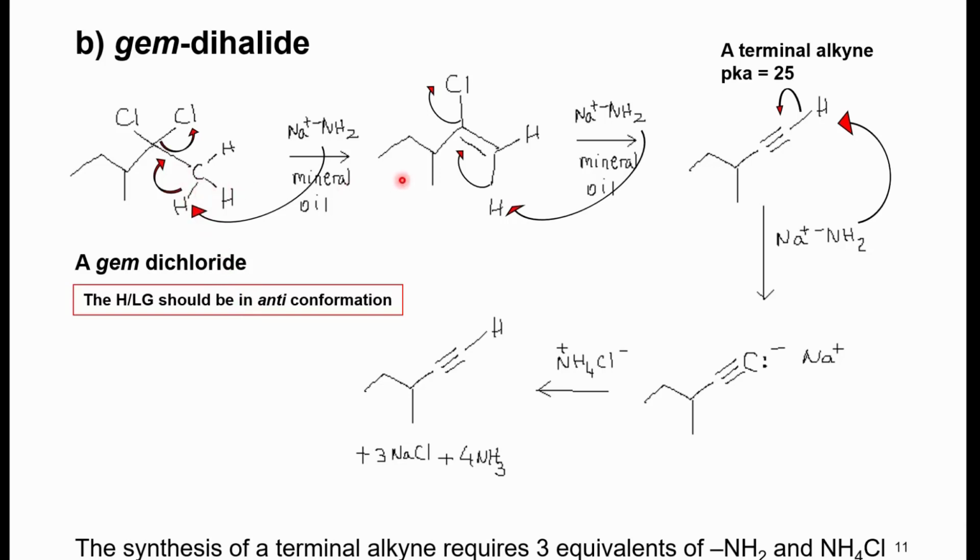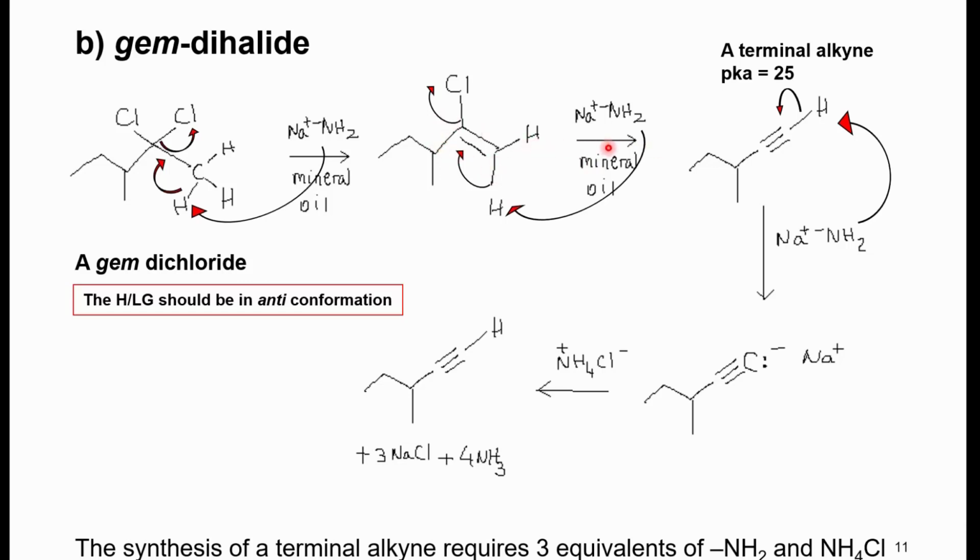Now the third equivalent that I referred to earlier is because as the terminal alkyne is being made in situ, the alkynide proton has quite a low pKa. And so this means that it's readily abstracted by one of the equivalents of sodium amide. And so what's going to happen is that this is going to reduce the amount of the vinylic proton that is capable of being abstracted because it's got a much higher pKa.